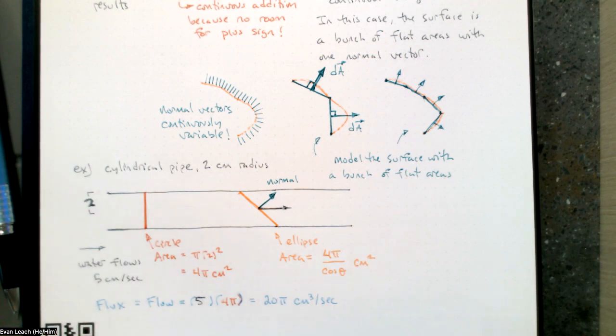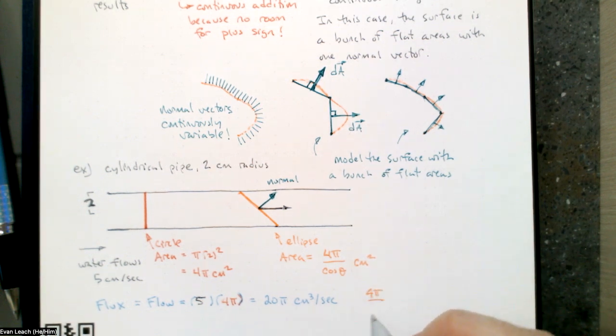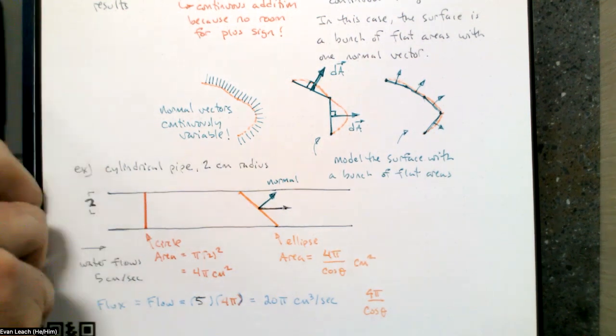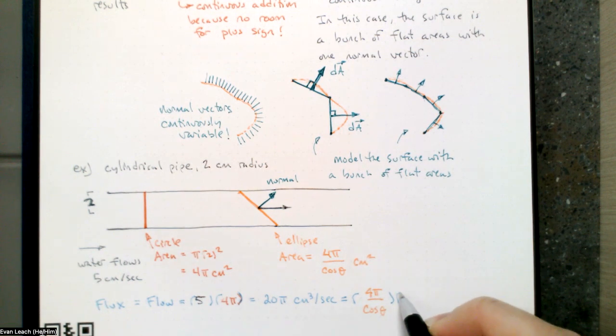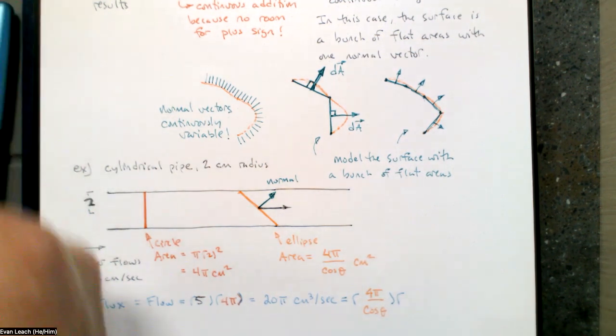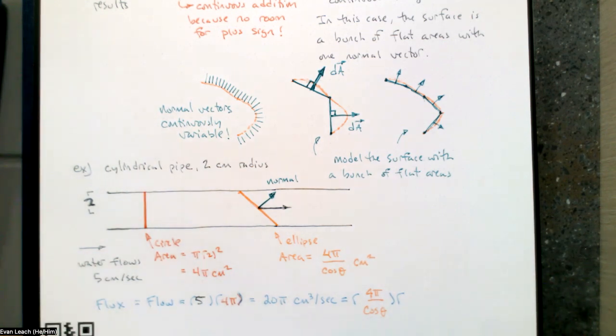Even though our area is 4 pi over cosine theta, the flow that's going through the pipe is not all of the 5 because it's coming through at an angle. Before, when it was perpendicular, we were getting all of it. We're not getting all of it now. We're getting 5 times the cosine of theta.